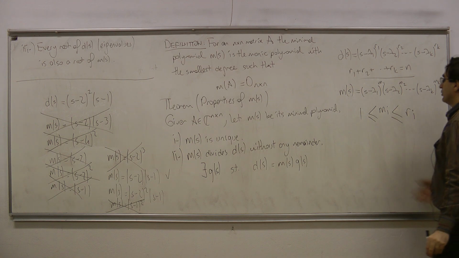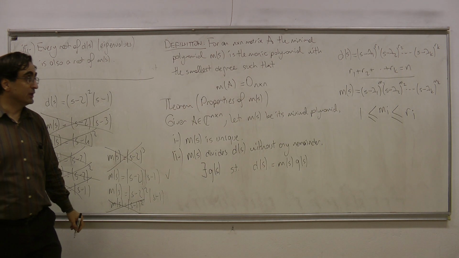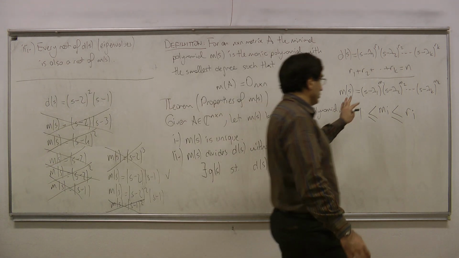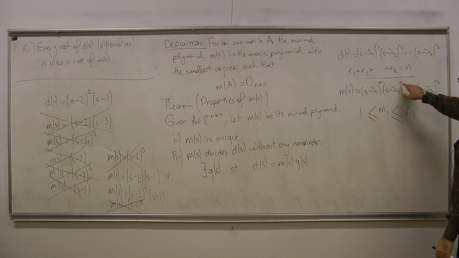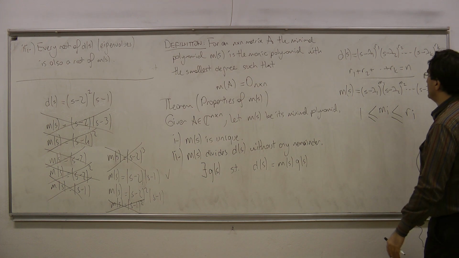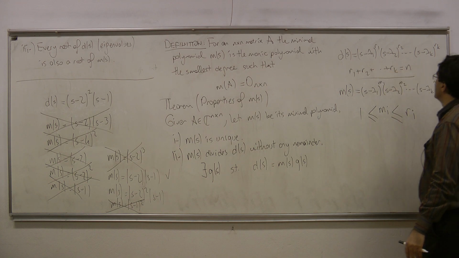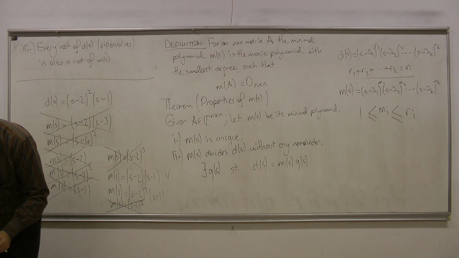Okay? So we have this type of property in the minimal polynomial. So the minimal polynomial would always look like this, and these powers, the multiplicities in the minimal polynomial, would always be between 1 and ri. Okay? And the summation of these ri's should be just n. Okay?